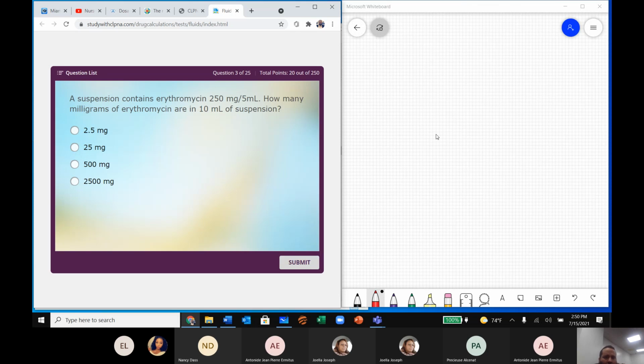We have 250 in 5 ml, and then in 10 ml, how many do we have? 500. Good job.